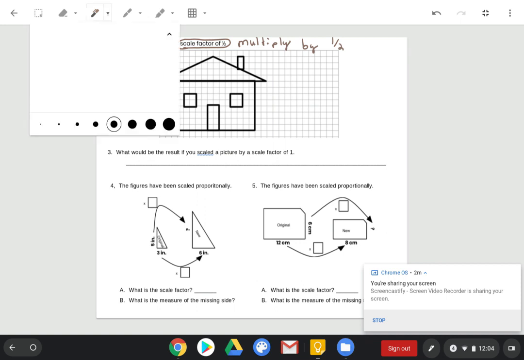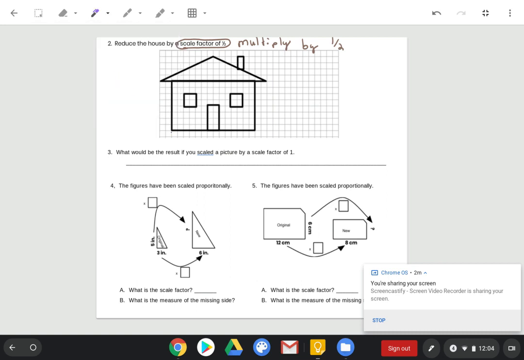So if I look at this drawing, and I'm going to look at this side right here, and I'm going to see how long that side is. So that side is 1, 2, 3, 4, 5, 6, 7, 8, 9, 10, 11, 12, 13, 14 units long.